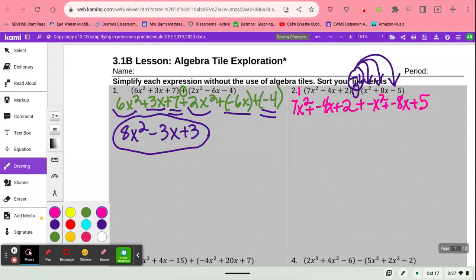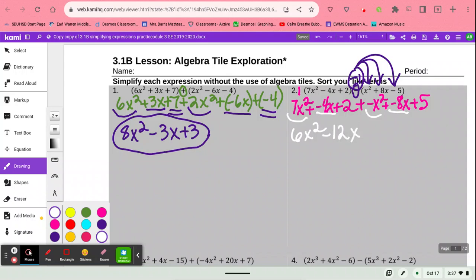Now I can go through and sort my like terms. So I have a 7x squared and a negative x squared, and that's going to get me 6x squared. We have a negative 4x and a negative 8x to get us a total of negative 12x.